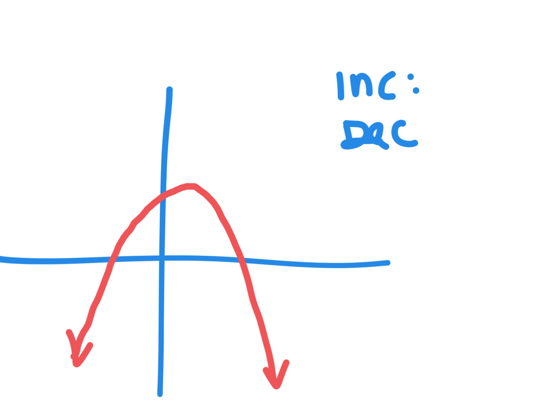Is it increasing sometimes? Yeah, it's increasing, because you're going up, up, up, up, up. And then it stops right there. I'll tell you that point is going to be 3, 1. And then the rest of the way, it's decreasing. So, increasing, decreasing.